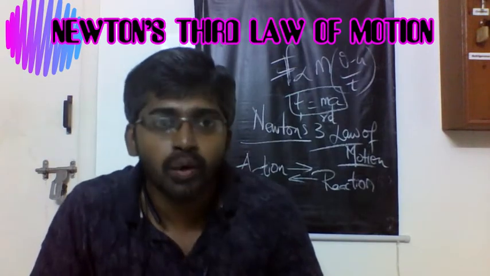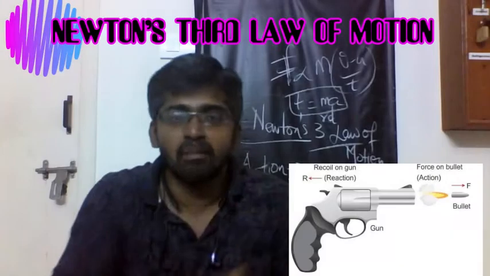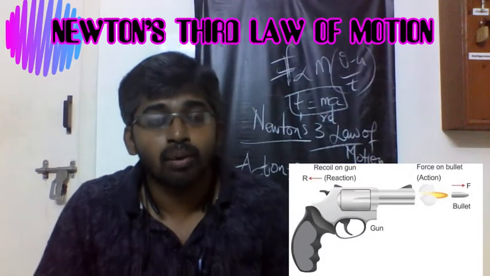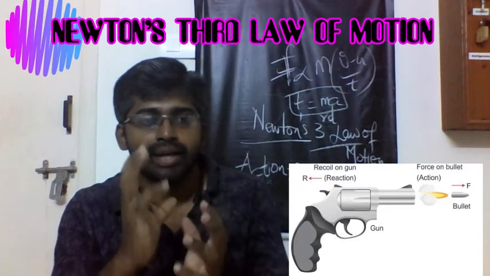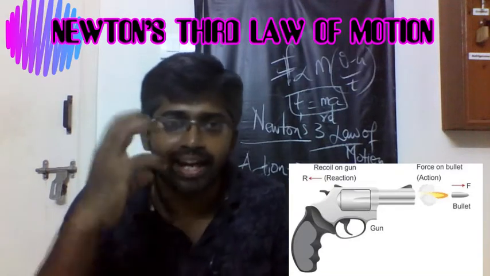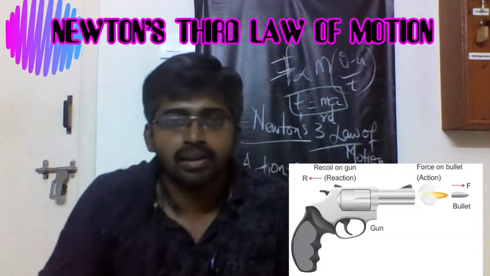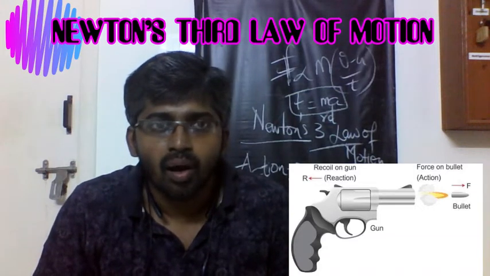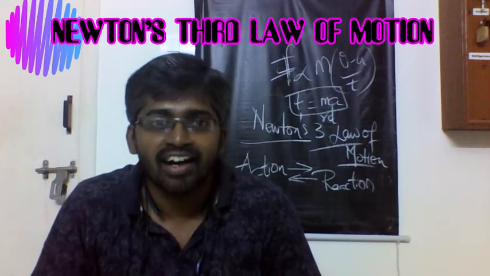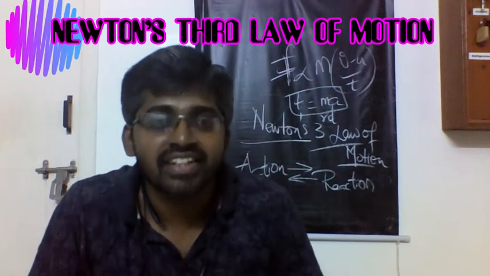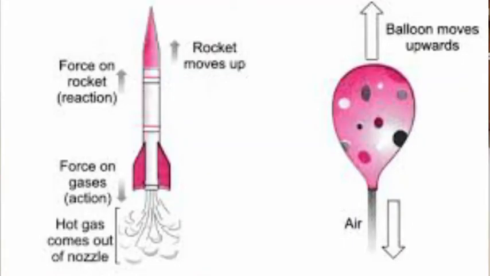And one very good example is gun and bullet. Or you can watch some videos like the cannonball, or you might have seen the rockets launched from Sriharikota and from NASA, how it moves, how it escapes and moves into space.